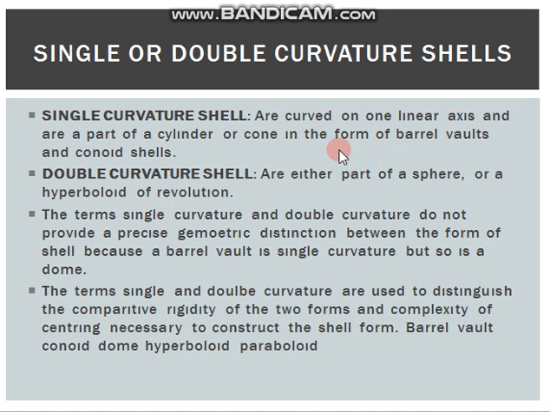Double curvature shells are either part of a sphere or a hyperbolic paraboloid of revolution. The terms single curvature and double curvature do not provide a precise geometric distinction between the forms of the shell, because a barrel vault is a single curvature but so is a dome.